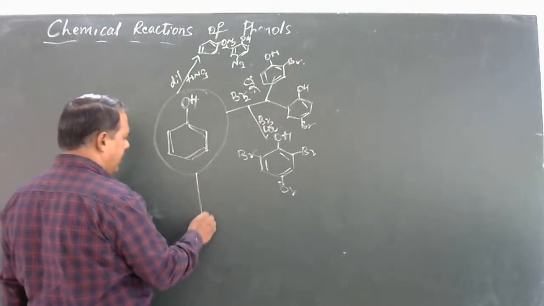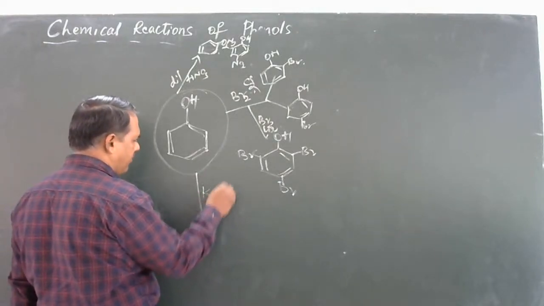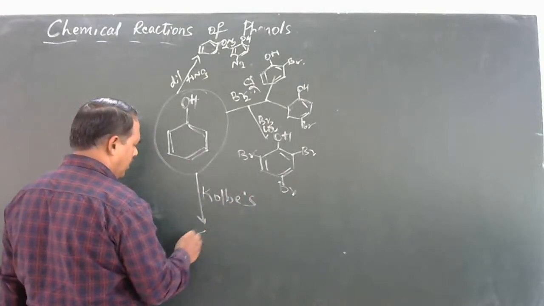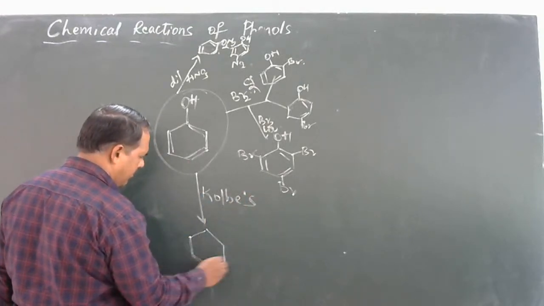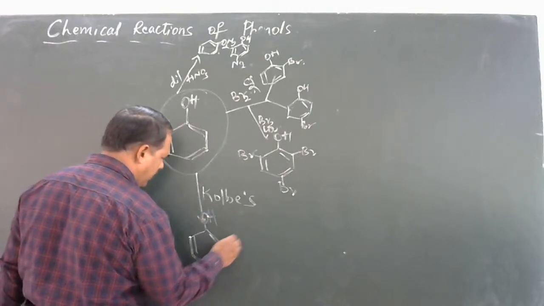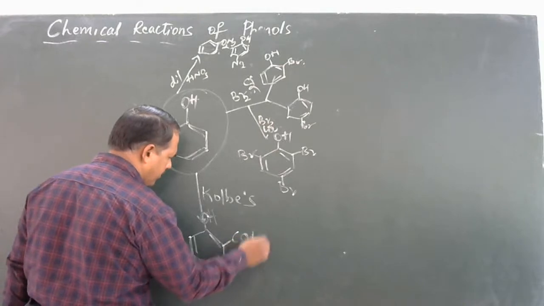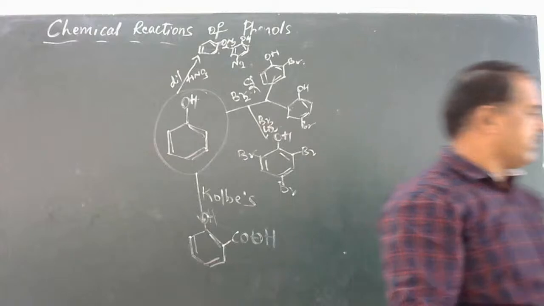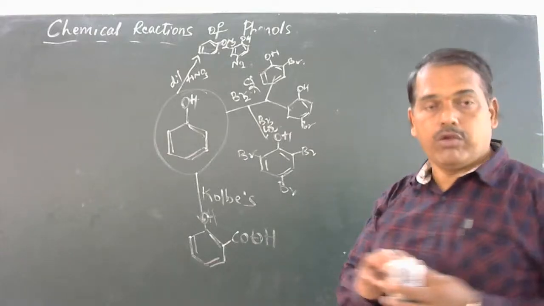Again, another important reaction is the Kolbe reaction. In the Kolbe reaction, phenol, so you will get salicylic acid. Here OH and COOH. So what is the electrophile we are going to use?